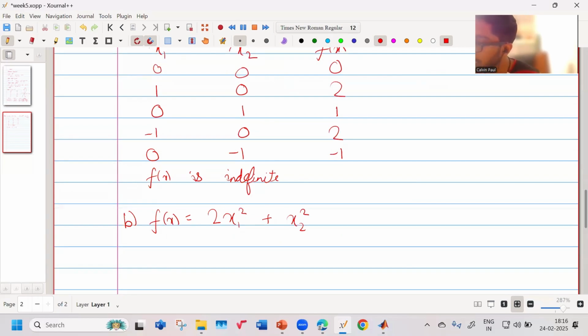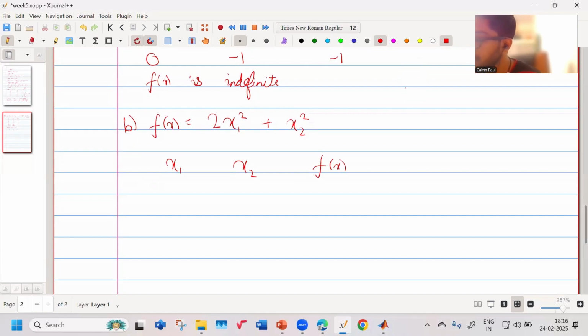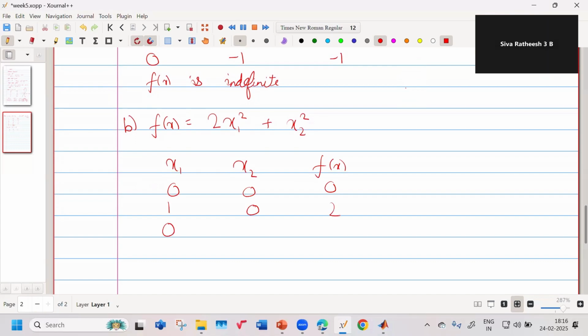Here we have x1, x2, and f of x. I put x1 and x2 as 0, this comes out to be 0. x1 is 1, x2 is 0, this comes out to be 2. x1 is 0, x2 is 1, it comes out to be 1. x1 as -1 and 0, this comes out to be 2. If I put 0 and -1, this comes out to be 1.